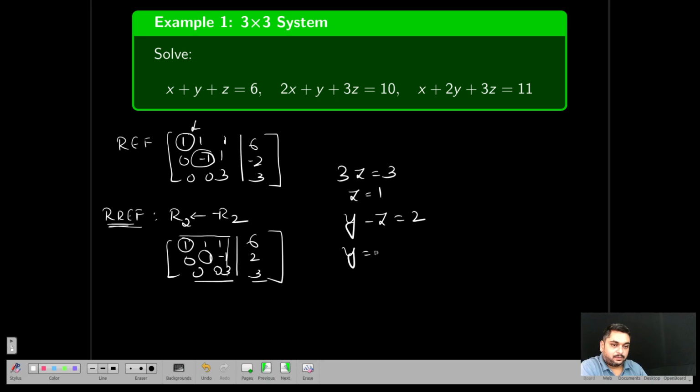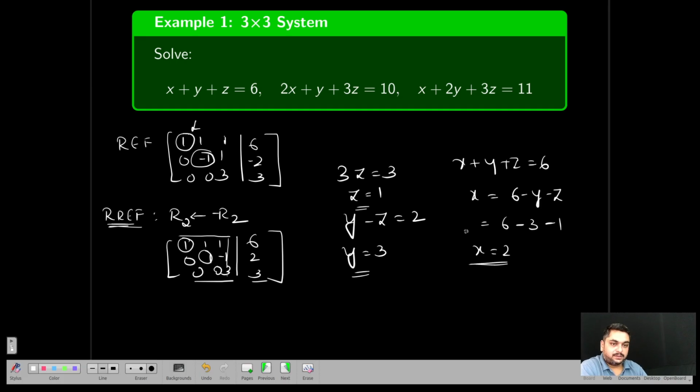So y equal to 3. Then I have x plus y plus z equal to 6. So x is equal to 6 minus y minus z, 6 minus 3 minus 1. So x is equal to 2.